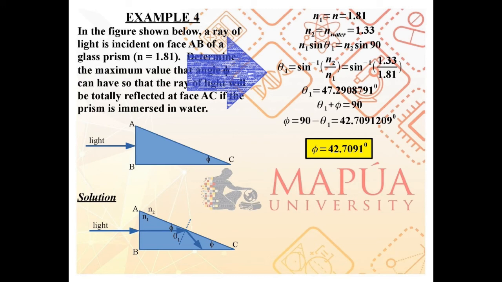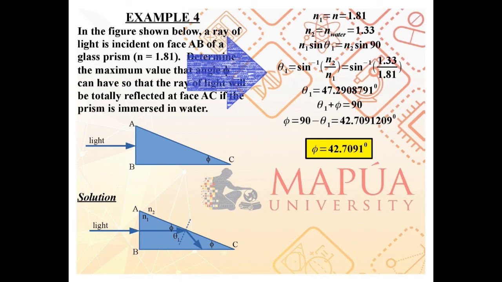The beam of light will then travel through the glass prism, eventually reaching the interface AC, the face AC of the prism. So here, medium 1 will be the glass prism, and the other side of the interface will be water, medium 2.